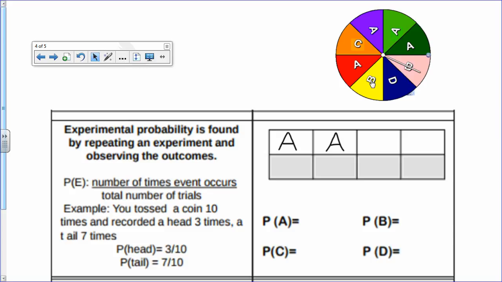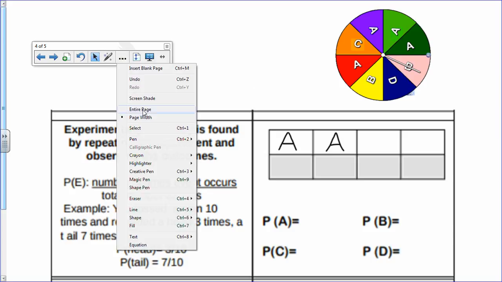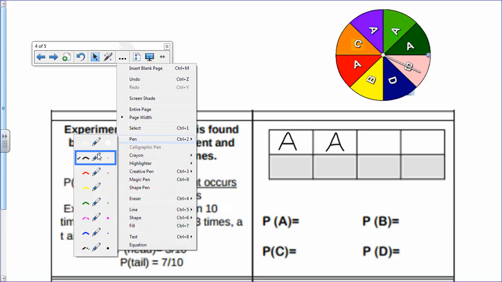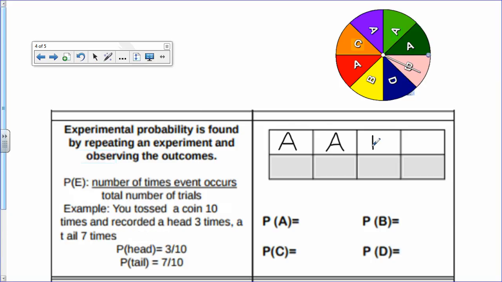The third spin, I got a B. Fourth spin, I got another B.